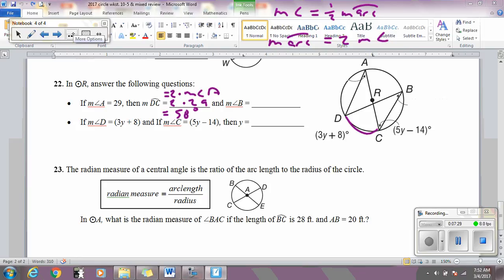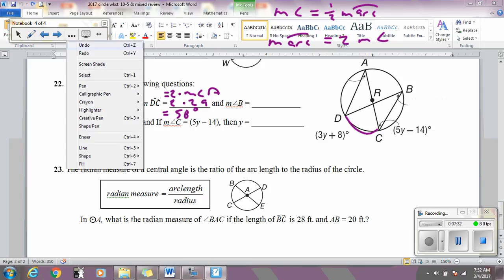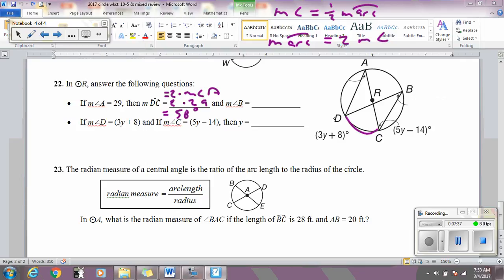So now if I'm looking for the measure of angle B, it also intercepts arc DC. So one way of doing it is that angle B is half the measure of arc DC. So that means it's half of 58, which means it equals 29. Another way is to remember a theorem from day 3 notes.